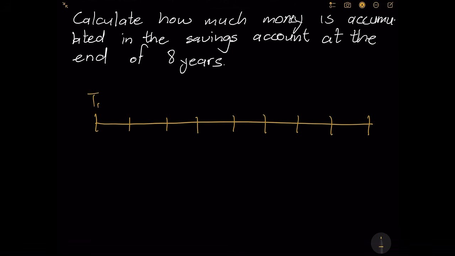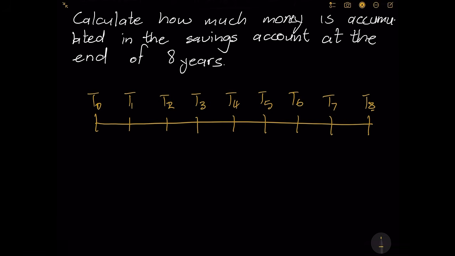We'll call that T0, T1, T2, 4, that's 5, that's 6, that's 7, and that's 8. So we're looking at year 8, the maturity of our investment.